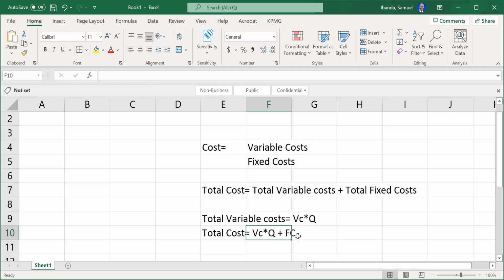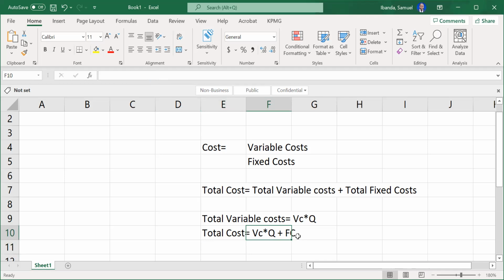Now, we know very well that variable costs vary with quantity. So if you want to determine the total variable cost, we get the variable cost per unit times the quantity.